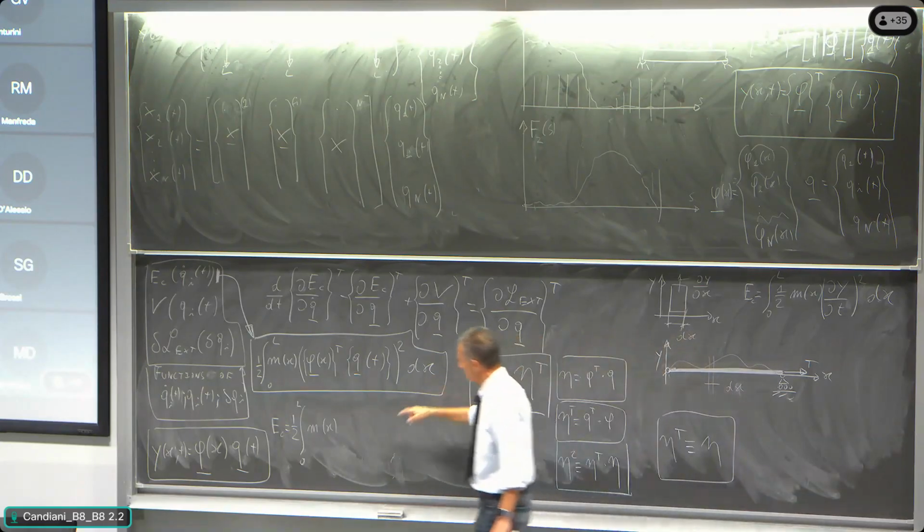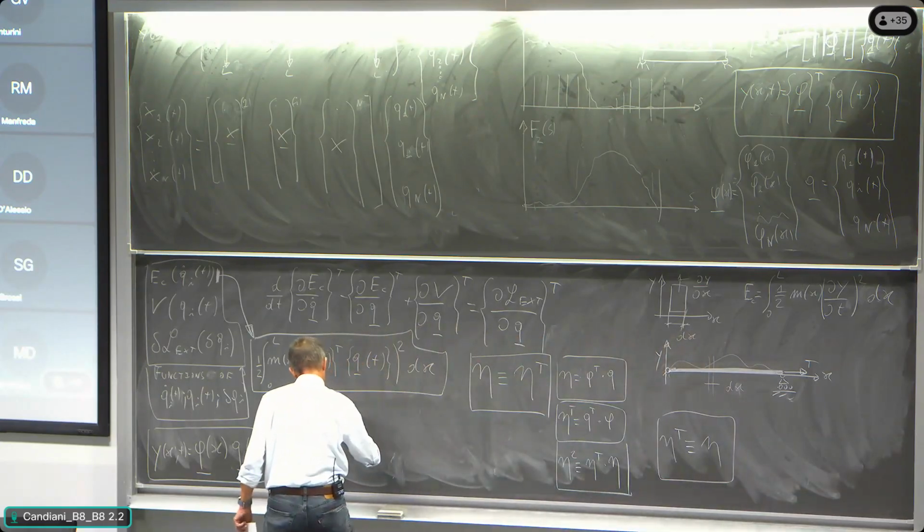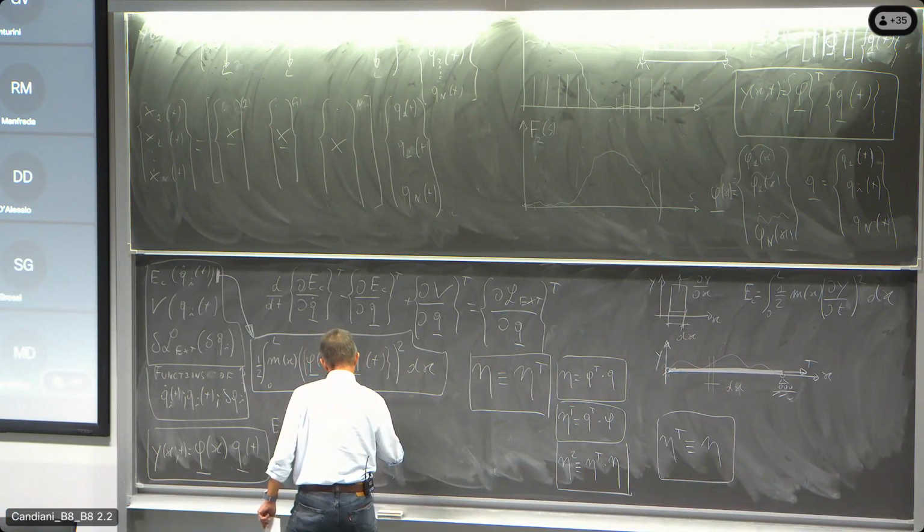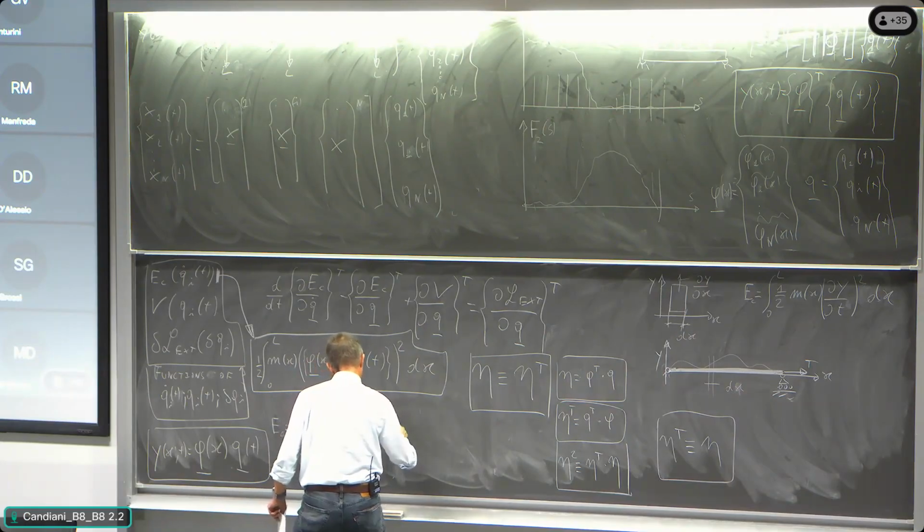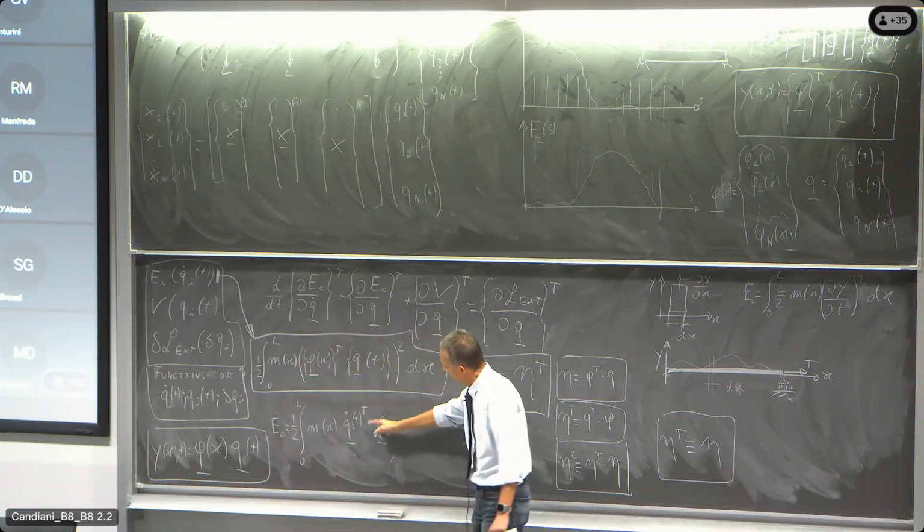But eta transposed is q dot vector transposed multiplying phi vector. So this is eta transposed.